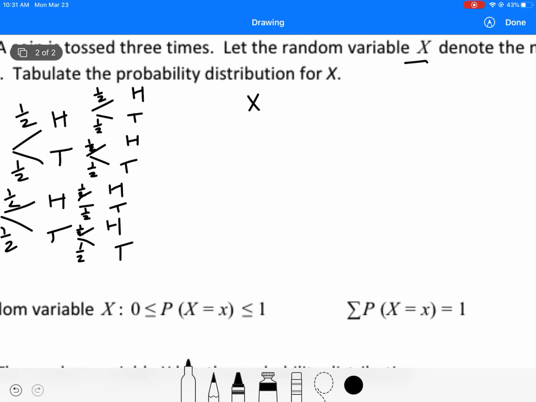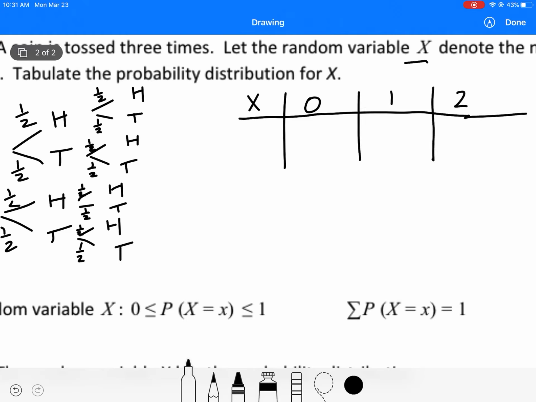We've got x, which is our possible outcomes. We've got 0, 1, 2, or 3 because our random variable is the number of heads.